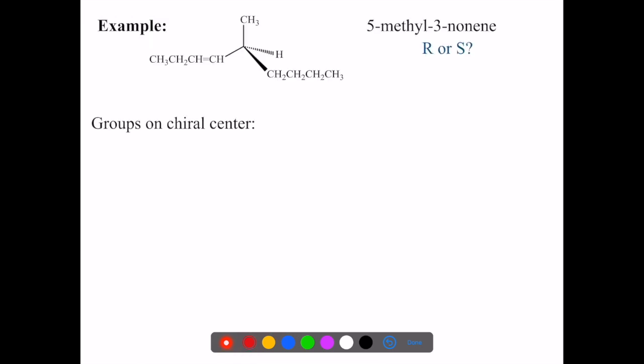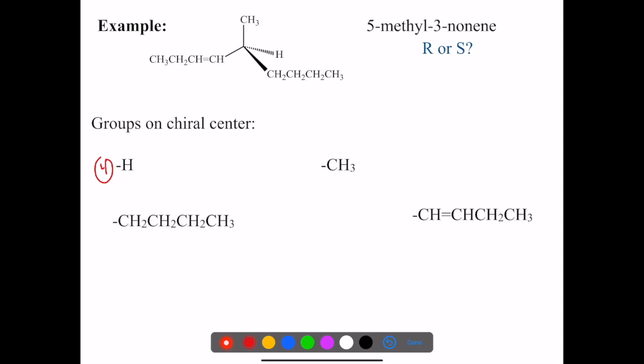So here we have an example with a double bond in it. 5-methyl 3-nonene. Is it R or S? Well, hydrogen is clearly group 4. We have a methyl, a butyl, and a 4-carbon chain with an alkene in it. So these are carbon, carbon, carbon.